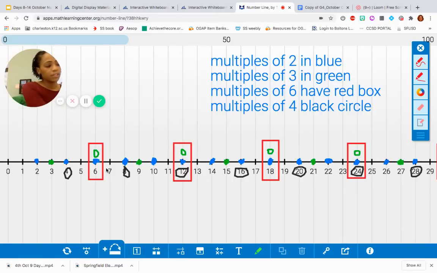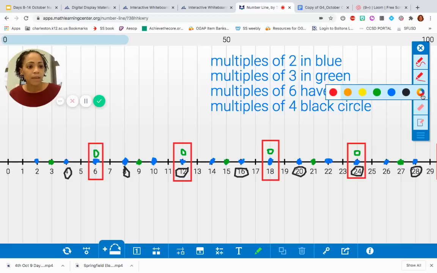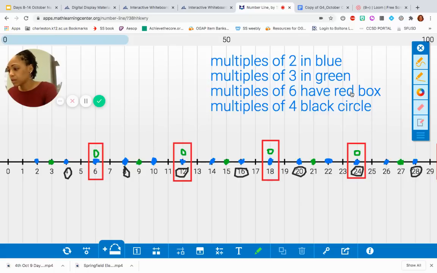Are there any questions? We're going to do multiples of 8 and let's see. We're going to put a dot above the number. I want to do brown, but we don't have brown, so I'm going to do orange. Okay? Any questions about how we're going to start counting? All right, so here we go. 8.